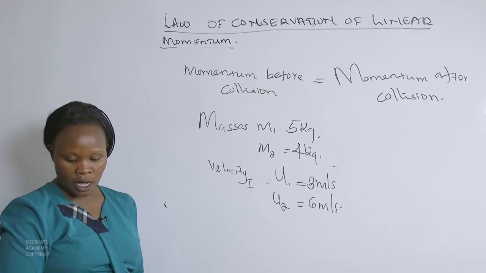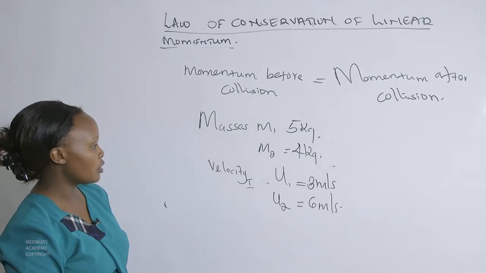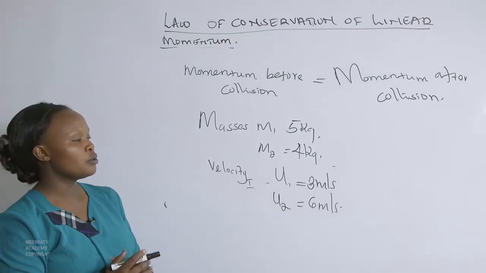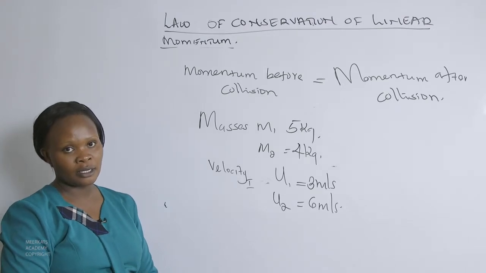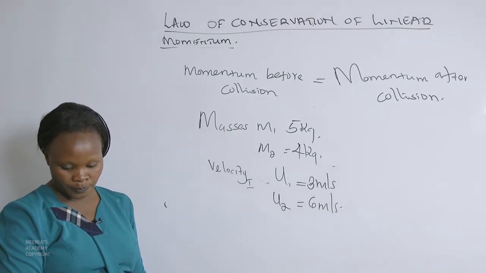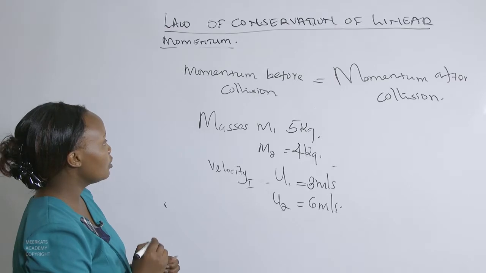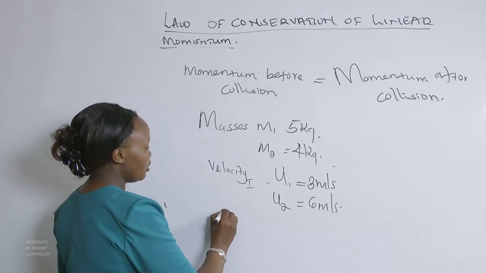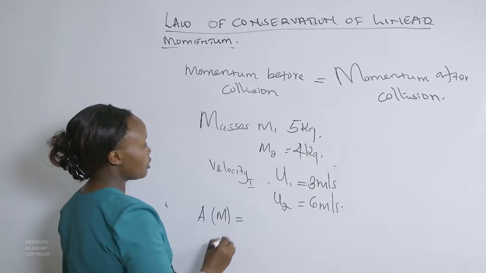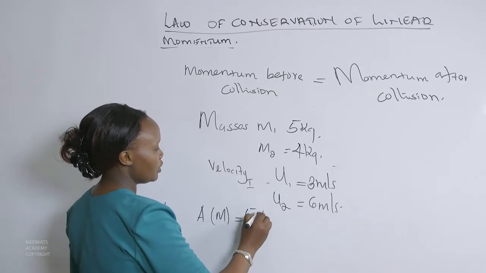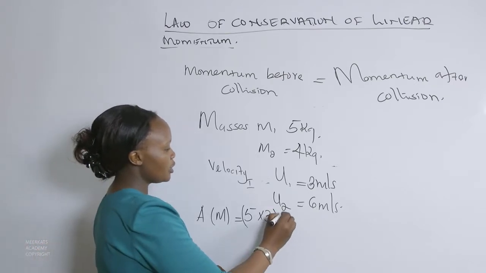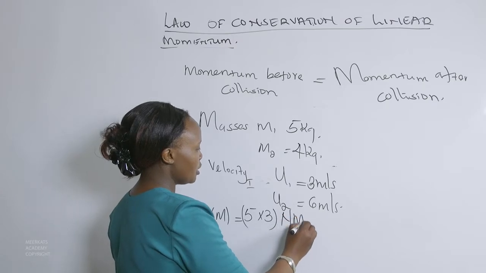Now, after the interaction, we are told they move together as a unit. Now we are required to get the common velocity achieved. But now we can take momentum of body A. For A, momentum is going to be given by 5 times 3, in newton meters per second.